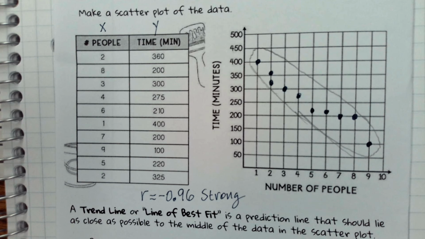We're going to bisect. Bisect means cut in half. Take your oval, make sure it covers the extreme points like this. So it should be an oval shape, kind of like mine. And then we're going to draw a line that's going to slice it in half.